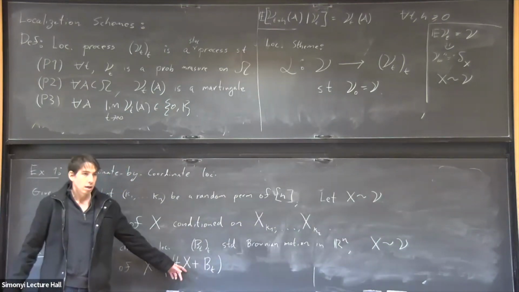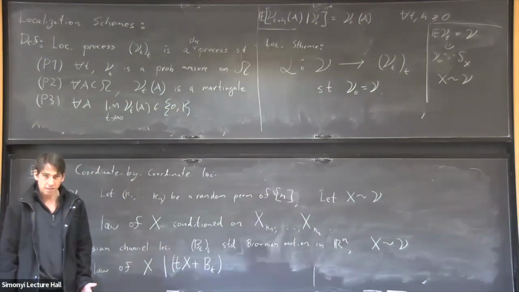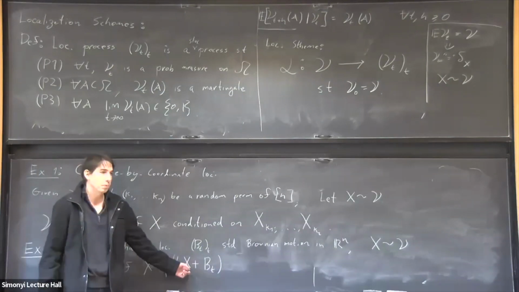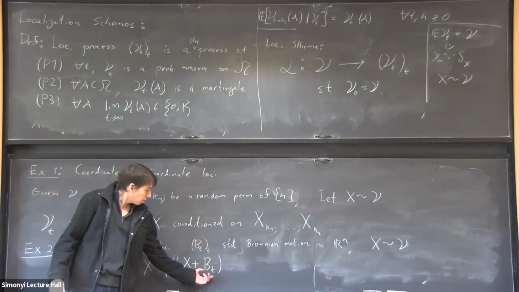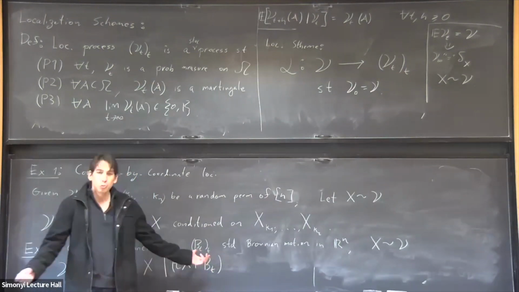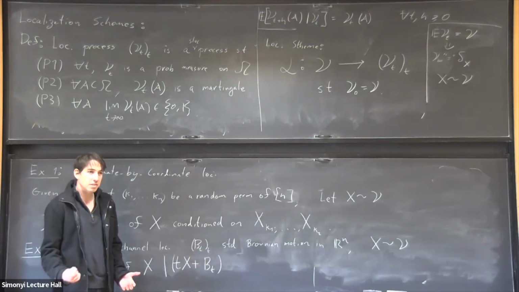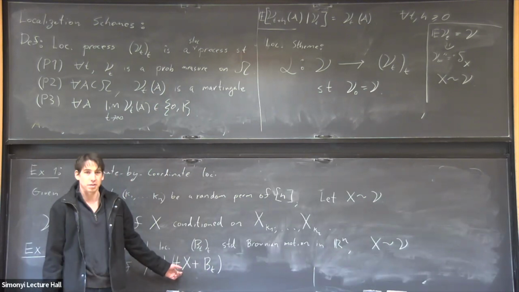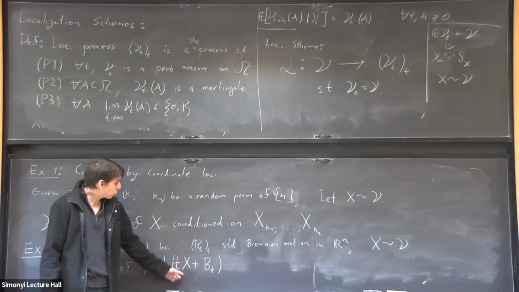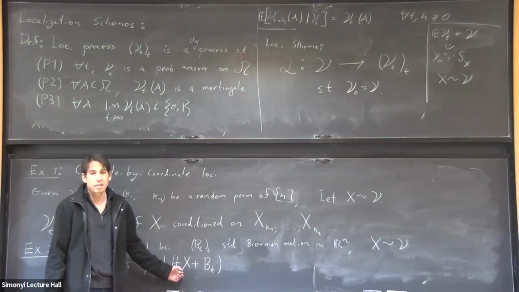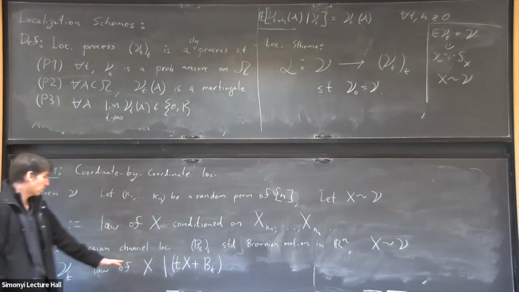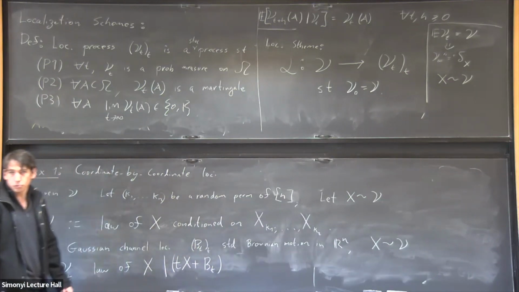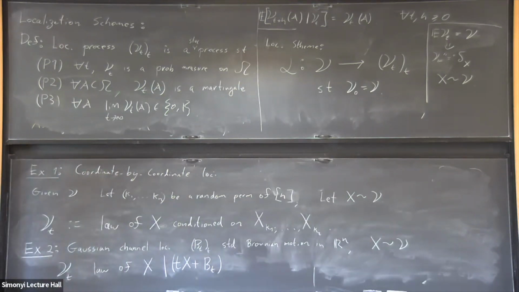So I don't give you the point x, I only give you t times the point x plus noise. Now, the size of B_t is like root t. So when t is small, most of this is going to be the noise. But when t is really large, you can actually extract the point x from this. We'll see that this type of localization is very useful for us.